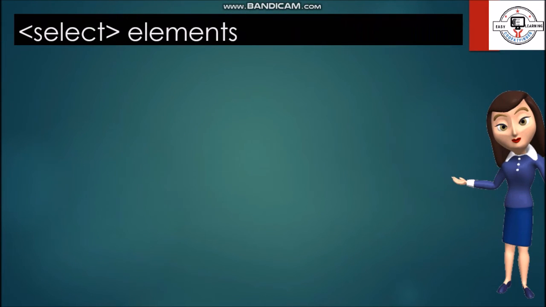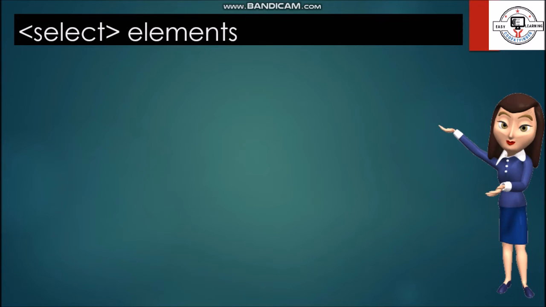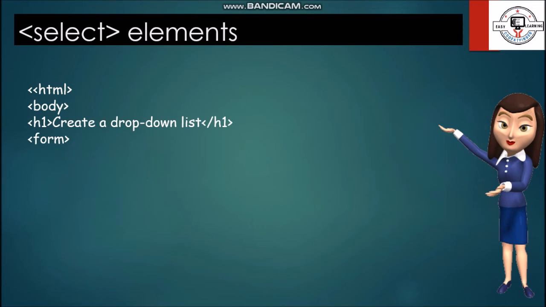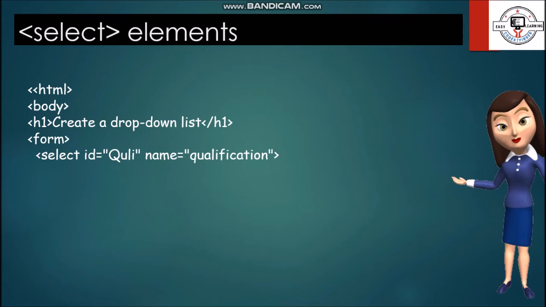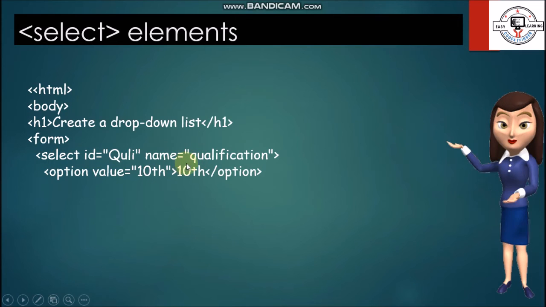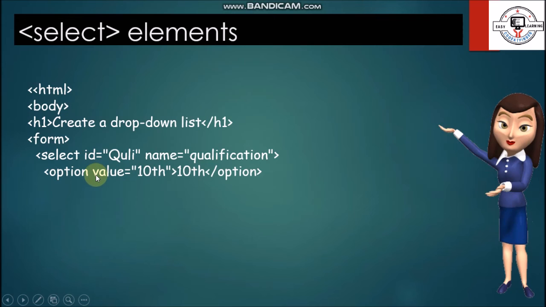Next, the select element. In the select we can select from multiple options, and there will be a drop down. So here we can create it by this. H1 I have taken, ID I have taken, qualification, name, because as I told, for every tag we have to take the name here. And because in the select we have to create a drop down, there can be multiple options.